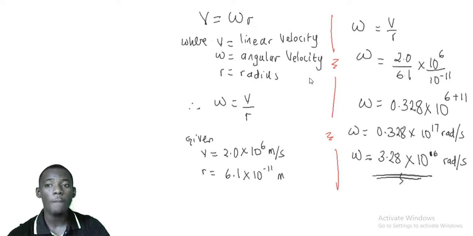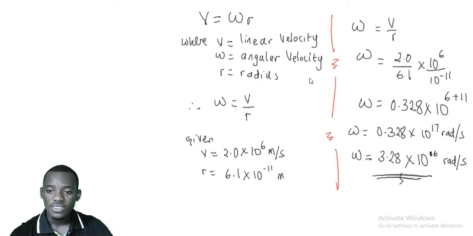The two minuses will form a plus. I will say that again. The first minus is for the division, and the second minus is in the question. So I have 10 to the power 6 plus 11, giving me 10 to the power 17. So I have 0.328 times 10 to the power 17 as my answer.